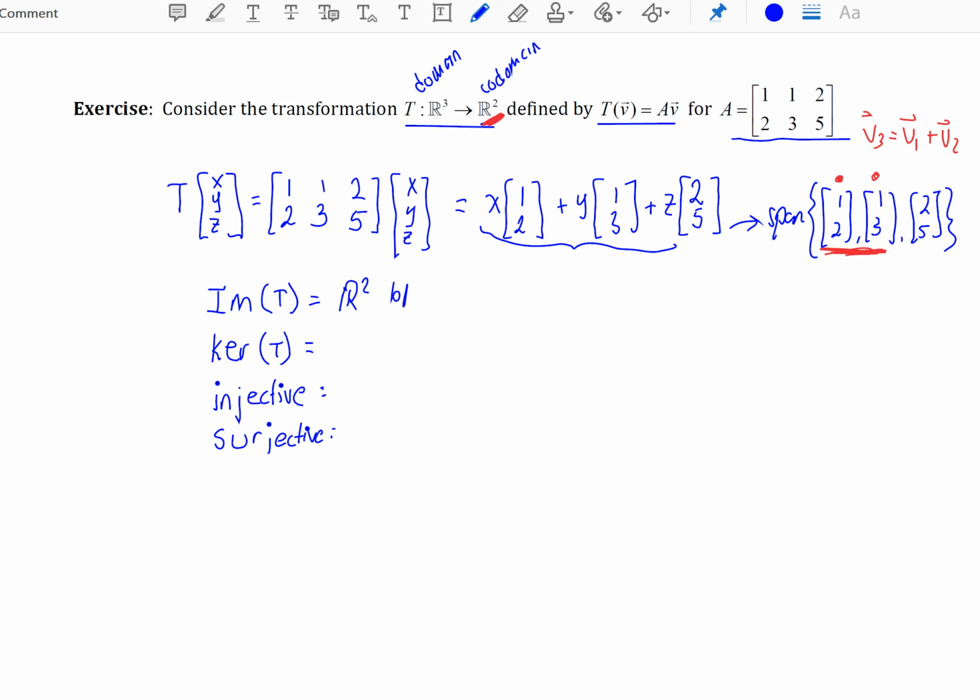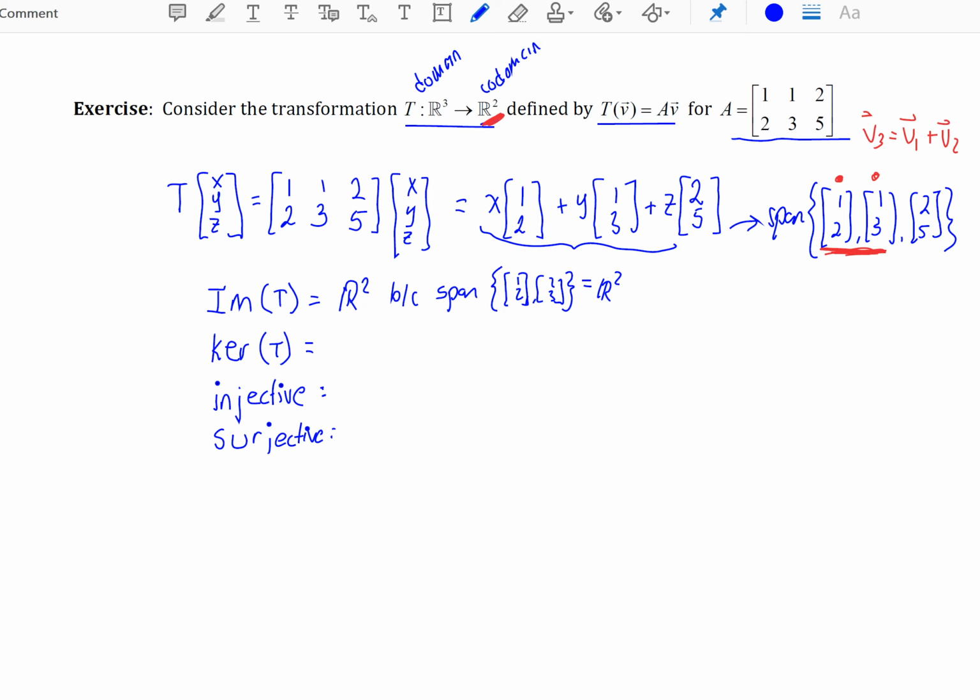And I can say because the span of (1, 2) and (2, 3) is equal to all of R2. These three vectors cannot be a basis because they're not all linearly independent. But if the first two vectors span all of R2, then all three vectors will span R2. And so our image is all of R2.